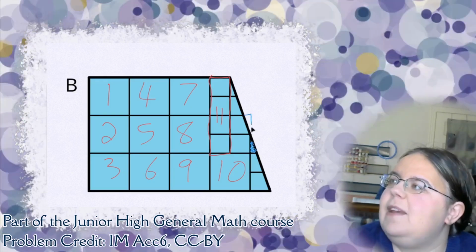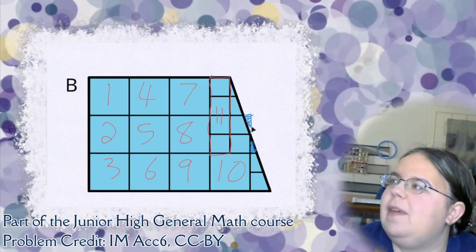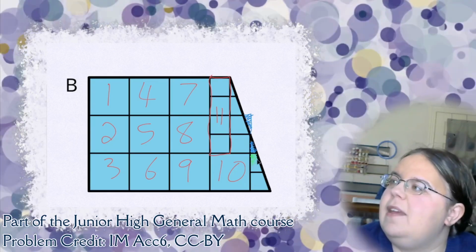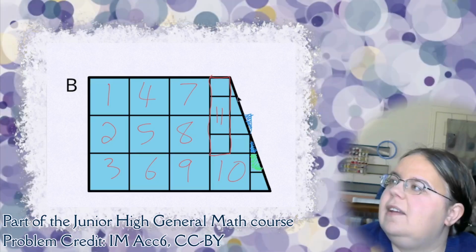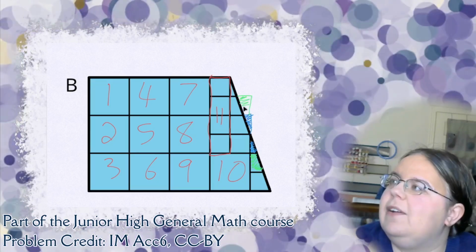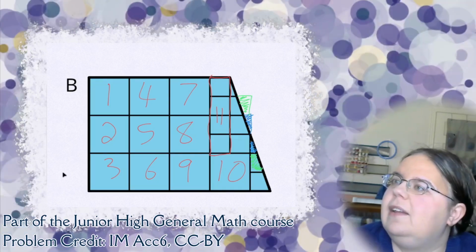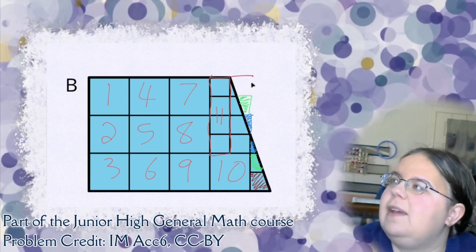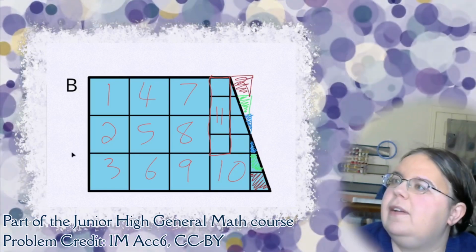But it seems to me that that looks like it would match up there. And this looks like it would match up here. And this looks like it would match up there.